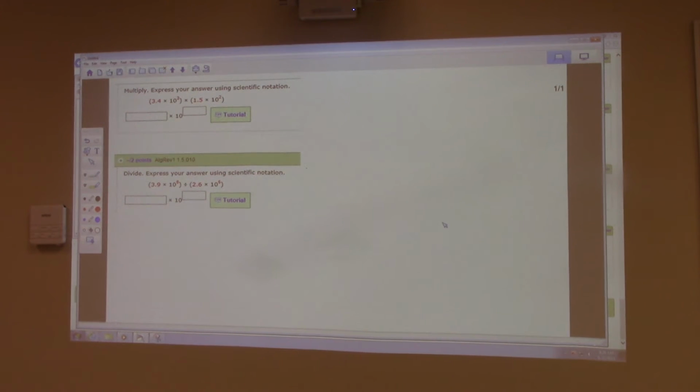Now, some of you may have forgotten all about scientific notation. If you have, then you're a failure.